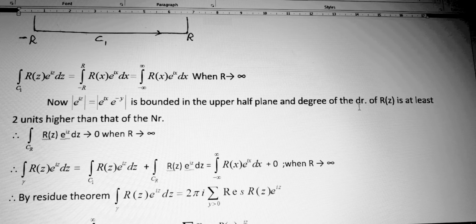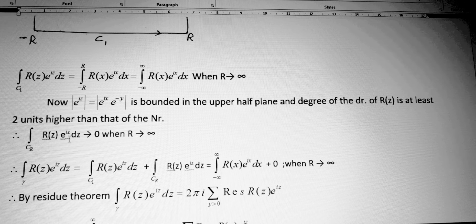And the degree of the denominator of R(z) is at least 2 units higher than that of the numerator. So if we consider the integral over CR of R(z) e^(iz) dz, here e^(iz) is bounded because its modulus is bounded.